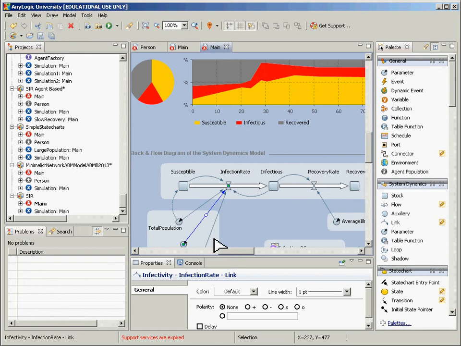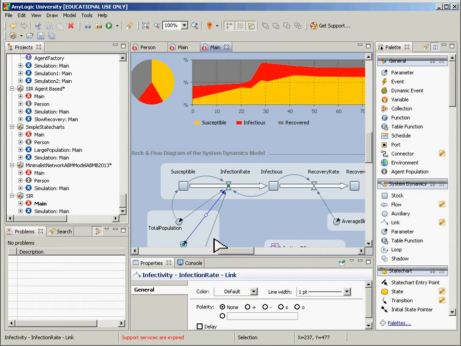It's kind of like a faucet with water coming in and draining out the bottom of the bathtub. And how the bathtub rises is purely dictated by the rates of water coming in versus the rates of water leaving. So the dynamics associated with infectious is dictated by these flows. What that means is, at an operational level, what you need to specify values or formulas for is the flow.